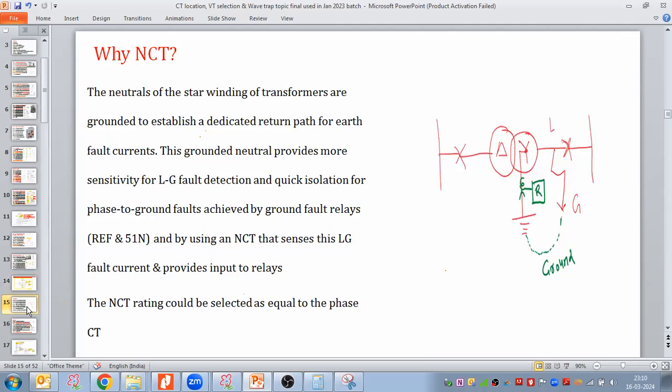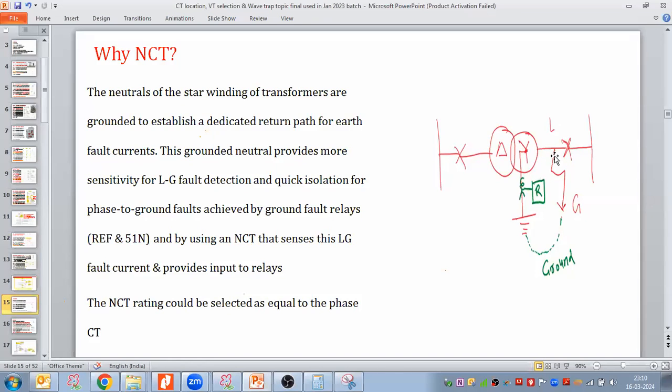Now coming to the NCT, why is the NCT required? This is my transformer, bus bar, delta star. This is my delta star grounded transformer. Star is grounded here, neutral here, HV, LV.